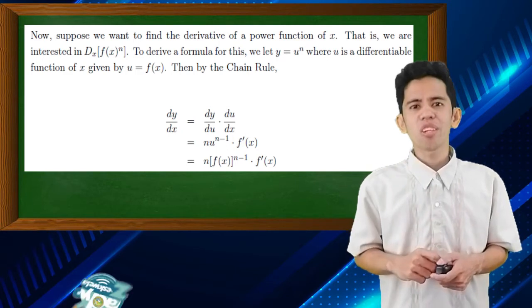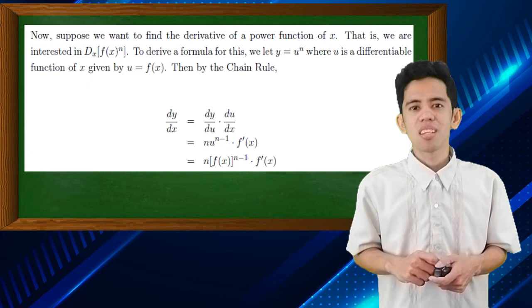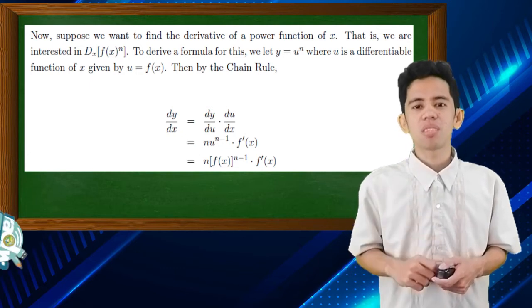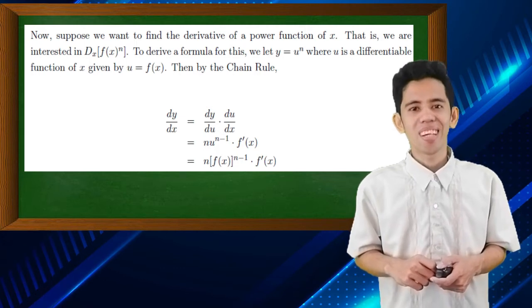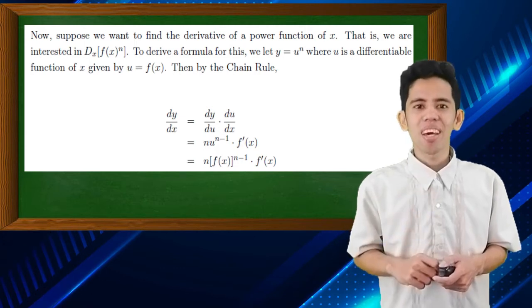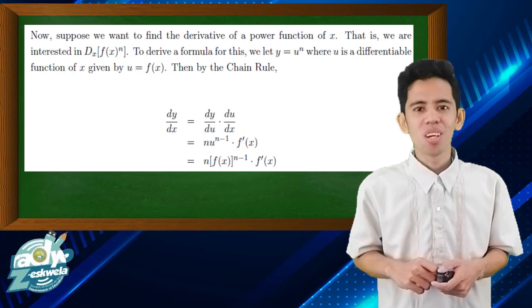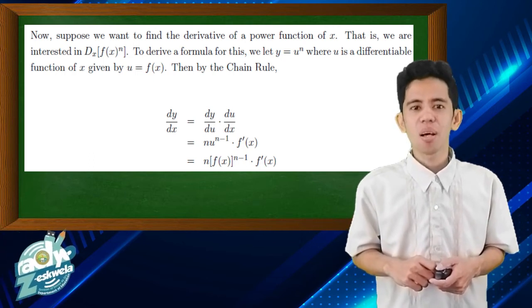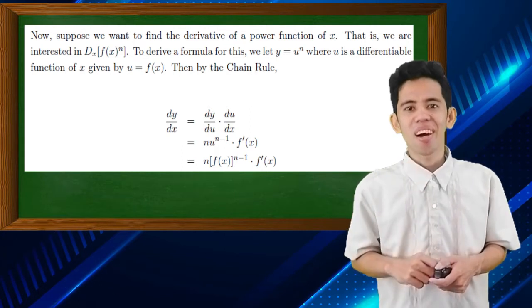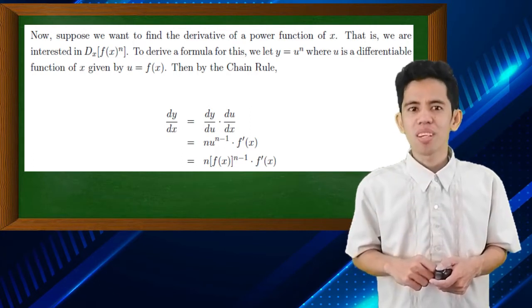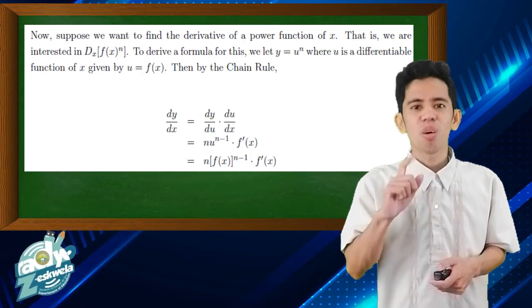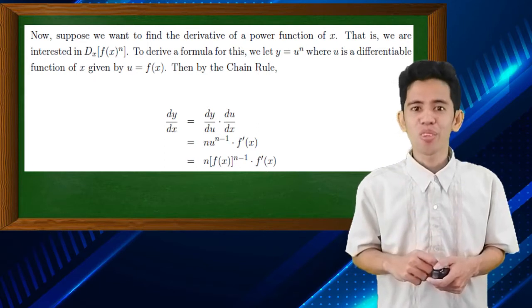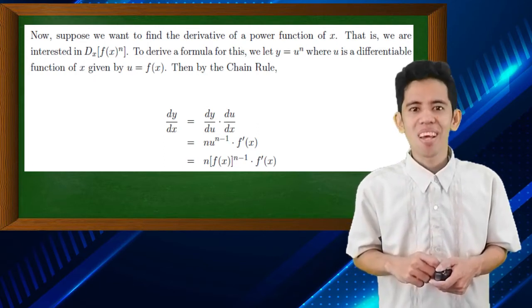Then, by the chain rule, dy over dx is equal to dy over du times du over dx is equal to n times u to the power of n minus 1 times f prime of x, or n times quantity f of x to the power of n minus 1 times f prime of x.